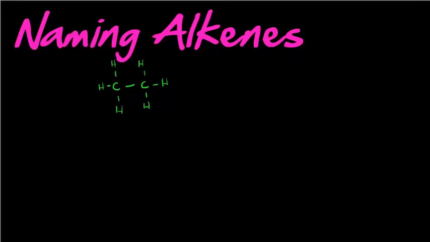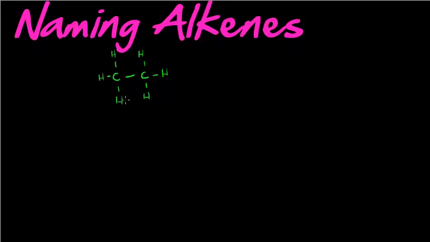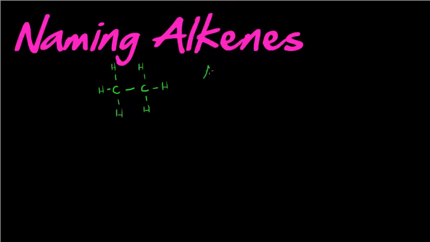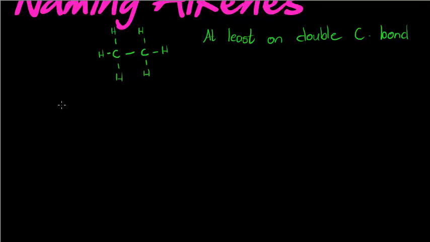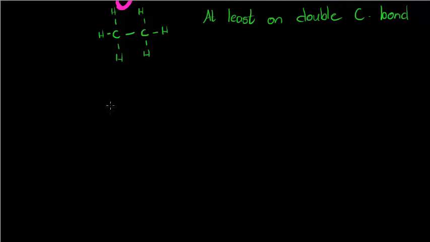Now, alkenes are similar. The only difference is that alkenes have at least one double carbon bond. Let me give you an example. The simplest of the alkenes is a carbon double bonded to another carbon, and that's it.